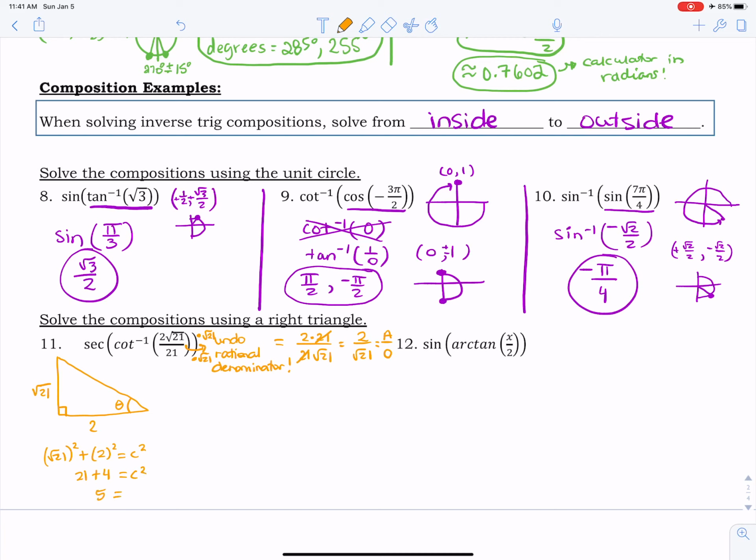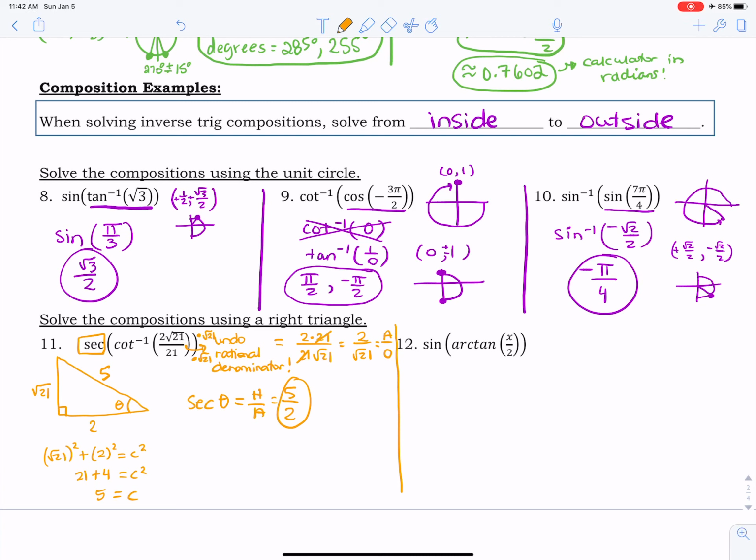So 5 equals c. And now let's solve exactly what we wanted to solve. We wanted to find the secant at the end of the day. So the secant of theta equals, well, secant is the opposite of cosine. Cosine is A over H, so secant is H over A. I always have to think of the reciprocal function first. And H over A is 5 over 2. And that's our final answer.